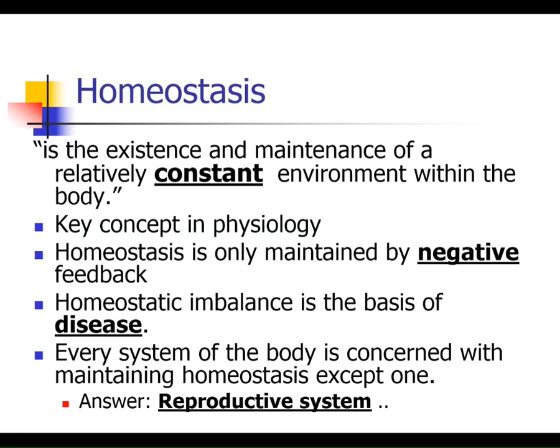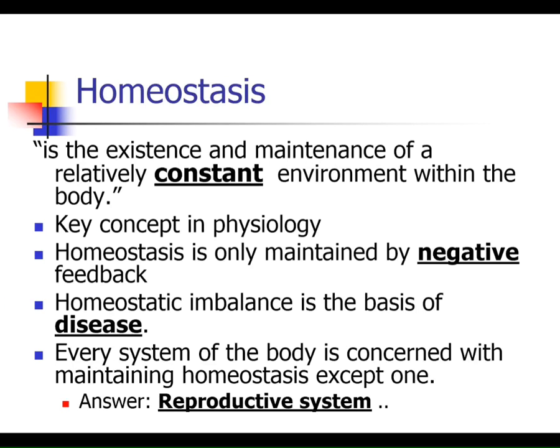Pieces and parts. One of the key terms that I want to introduce to you from physiology is this term homeostasis. Homeo meaning same or similar. Stasis means standing still. This is basically why it is that even when it's negative 20 outside or 105 outside, your body temperature doesn't change very much. No matter what the external environment is, your internal environment stays relatively constant.